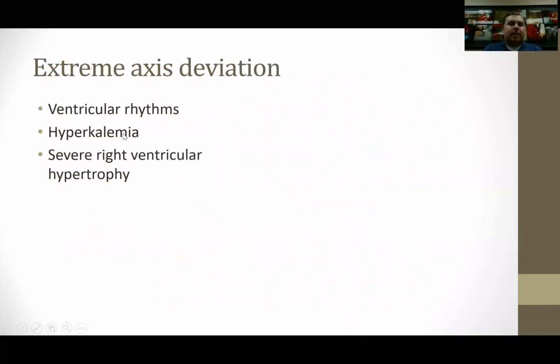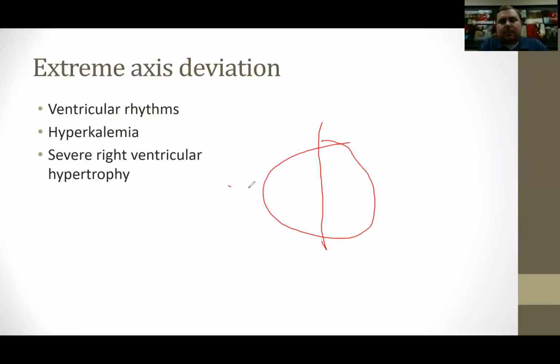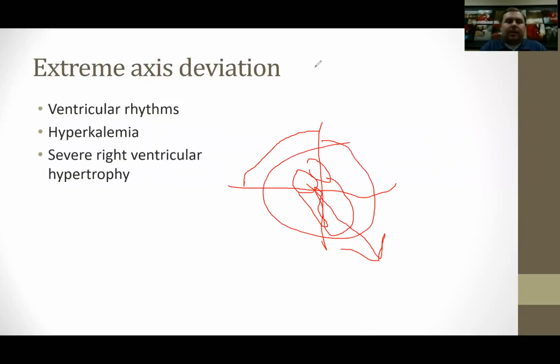The easiest one is extreme axis deviation because it only has 3 components to the differential. All right, so our extreme axis is going to be this quadrant out here, which is opposite from what our heart should normally conduct its electricity towards.